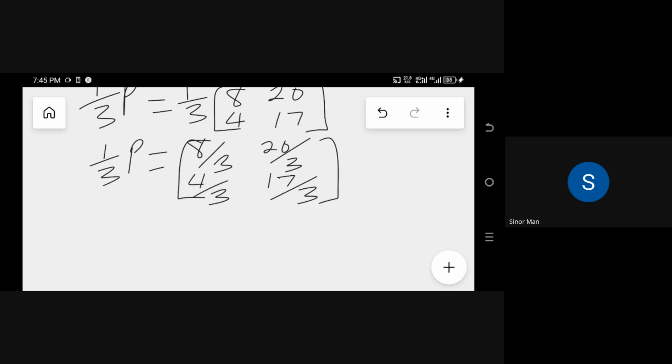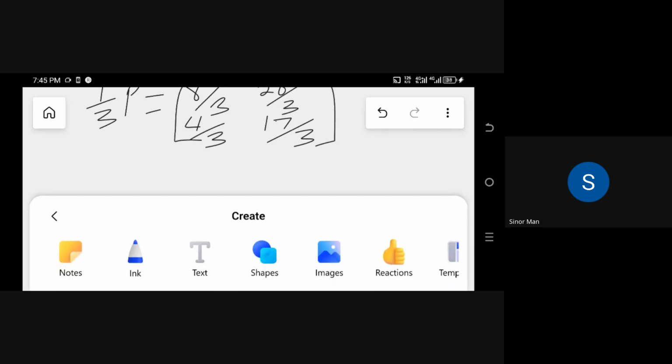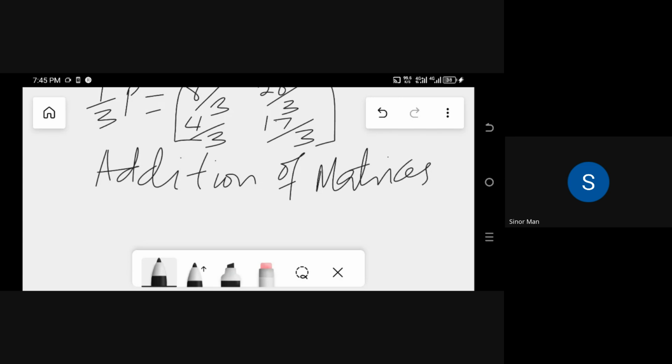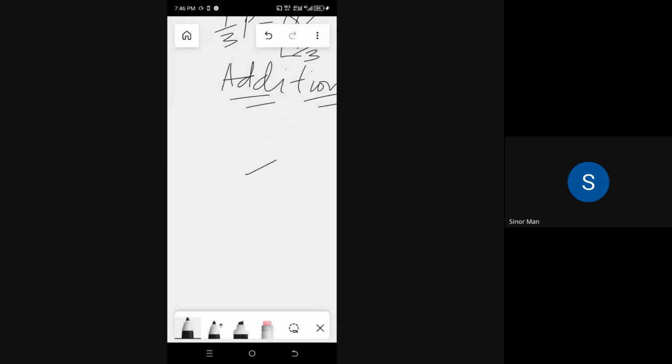Now we'll proceed to addition of matrices.